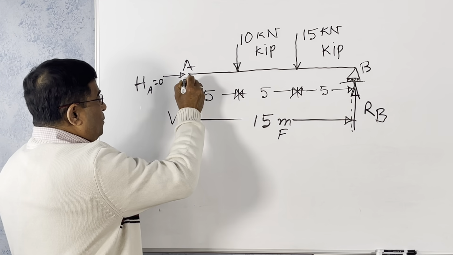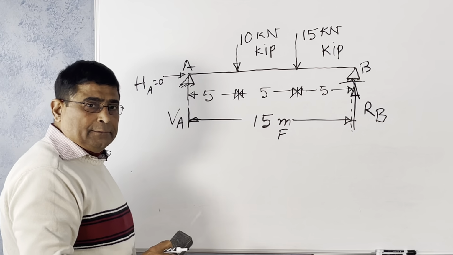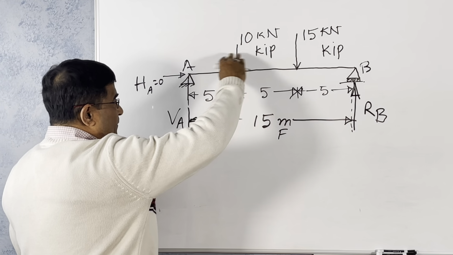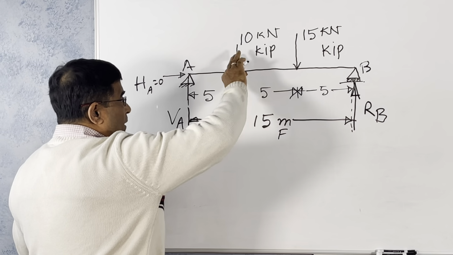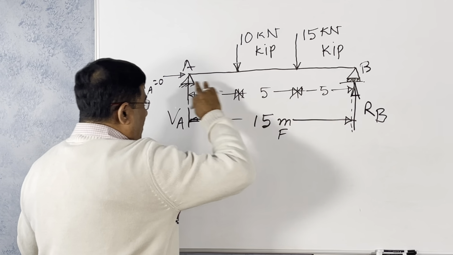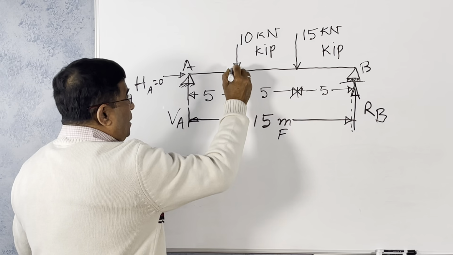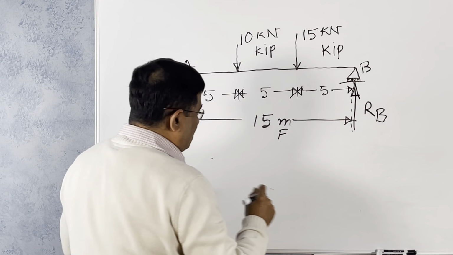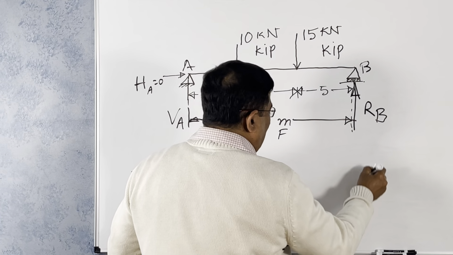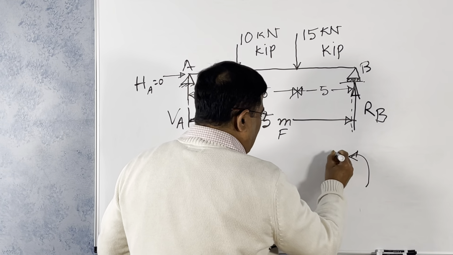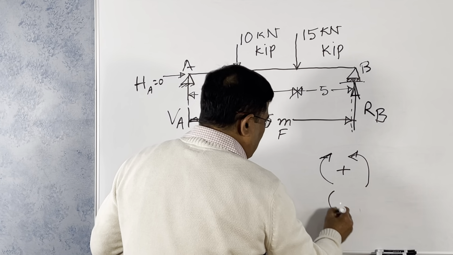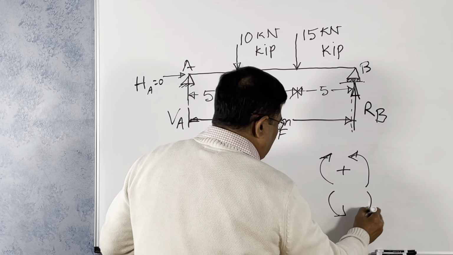Now take moment about this point. Okay, so all the forces on the left hand side, whatever is there, from this point. We have a convention. If you have got a clockwise moment, this is positive, this is negative.